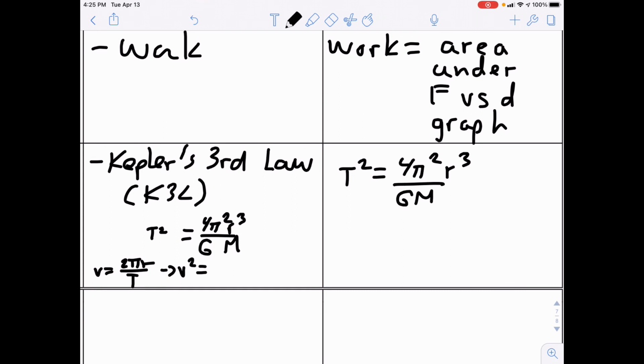Now, you could write this as a proportion that really states the square of the period is proportional to the cube of the radius, where 4 pi squared, G, and the mass of the planet being orbited are all constant values.